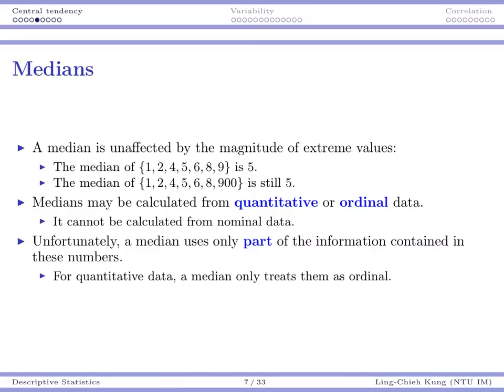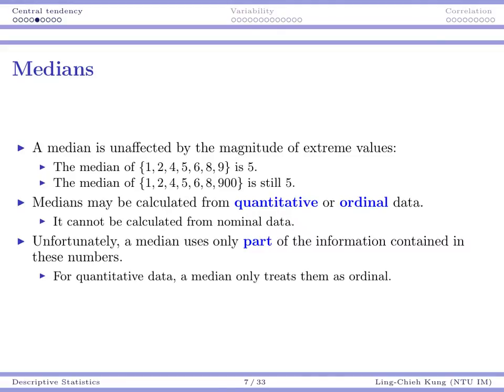That can be good in a sense that medians can also be calculated for ordinal data. If you have quantitative data, then all you need to do is to first order them and then start counting up to the middle part. Or if you have ordinal data, then you can still do it. We will have some examples to show you.